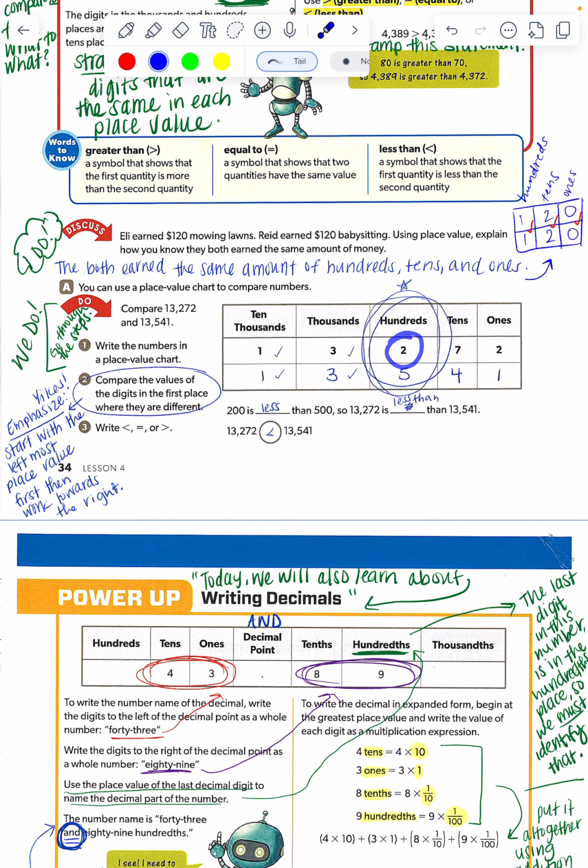We have 200s. Awesome. So we know that 13,272 is less than 13,541 because 200 is less than 500.